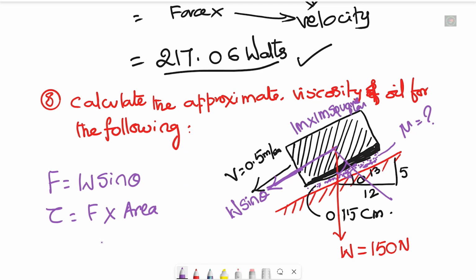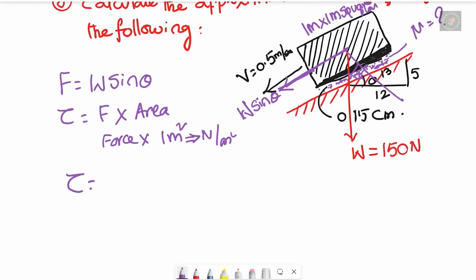So the area is 1 meter square. So this is Newton per meter square, right? Then after tau, you get tau is equal to mu into V by Y, right?